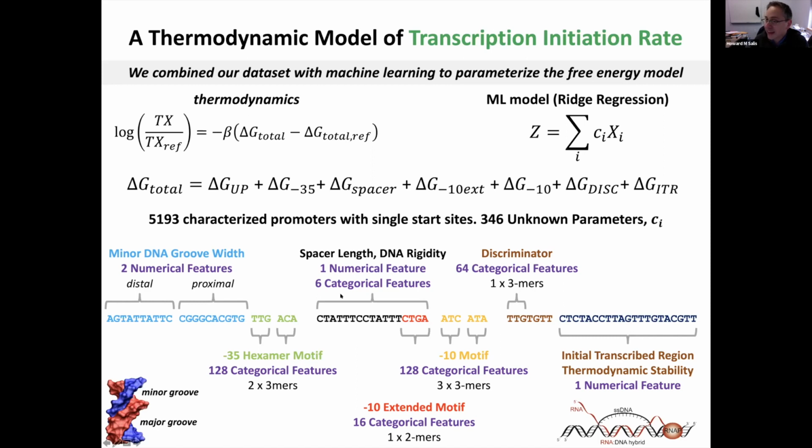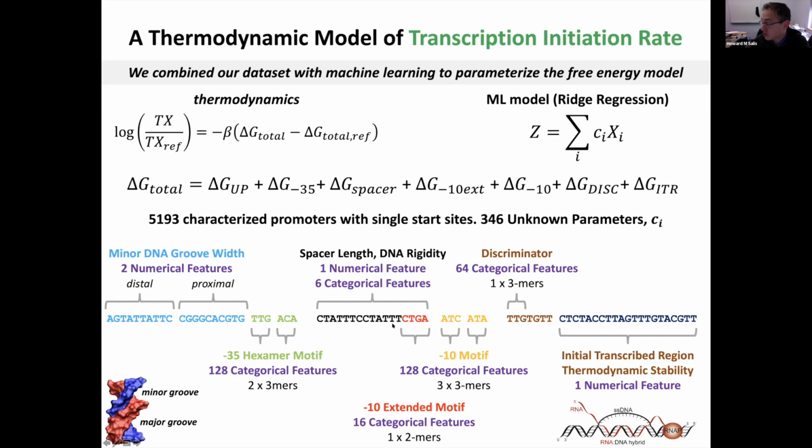Then we have the categorical features. For example, we know that the -35 hexamer and -10 hexamer are really important, but we don't know the specific binding free energy for a particular sequence motif. Okay, so we don't know the coefficient attached to each one of these different motif sequences. And so what we can do is write down a list of all of the different motif sequences, and we have a choice as to how we break up the motif.